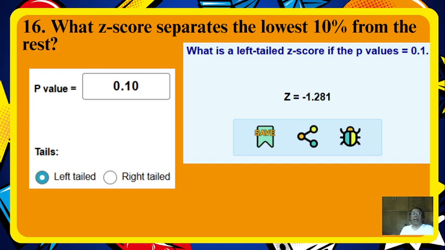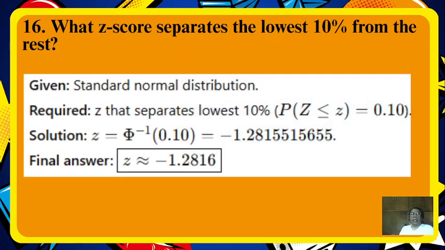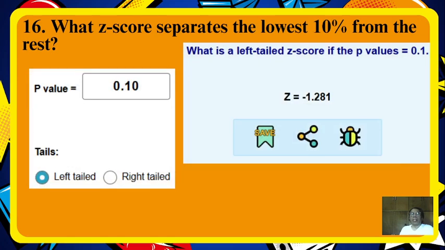Using our math portal, for the p-value 0.10, the Z is negative 1.281. So here you have negative 1.2816. What we have here is negative 1.281. So therefore, it matches. We will have the next part of our lesson.